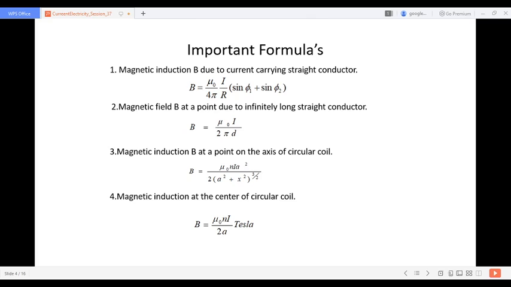Magnetic induction B at a point on the axis of the circular coil is calculated by using the formula B equals mu naught N I a square divided by 2 times (a square plus x square) raised to 3 by 2. Magnetic induction at the center of the circular coil is calculated by using the formula B equals mu naught N I divided by 2a.